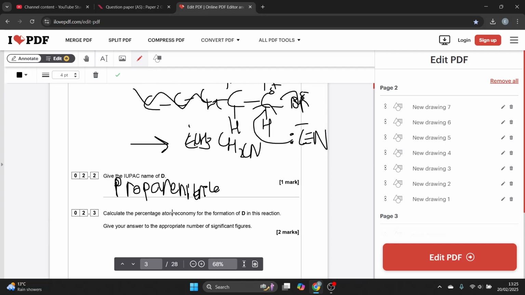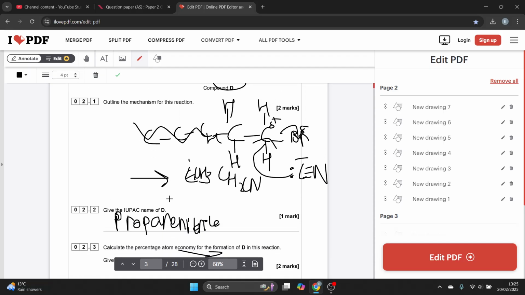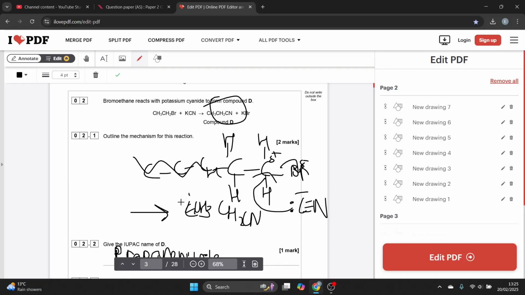Calculate the percentage atom economy for formation of D. Percentage atom economy is the Mr of desired product over the Mr of all reactants, times by 100. In this case, I don't need to worry about moles. So let's just check the mechanism first: CH3CH2Br, one lone pair of electrons on CN negative charge, attached to carbon, the C-Br bond breaks.